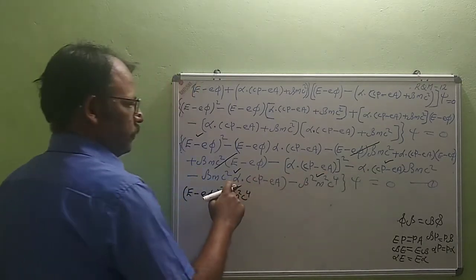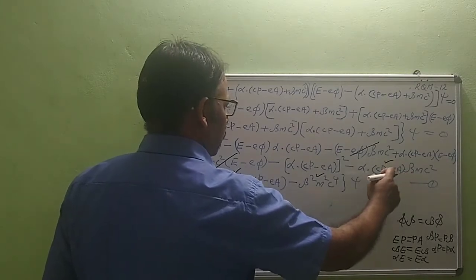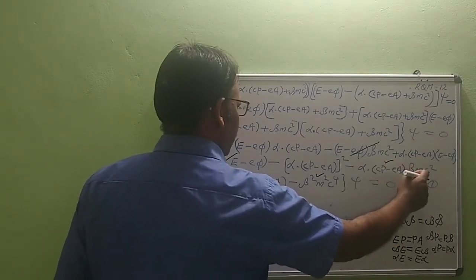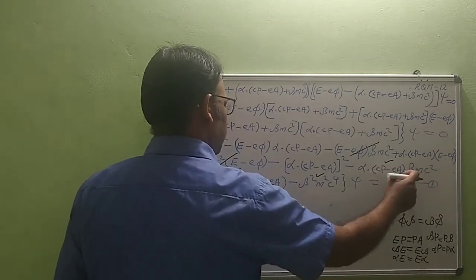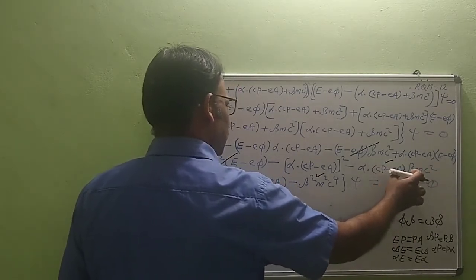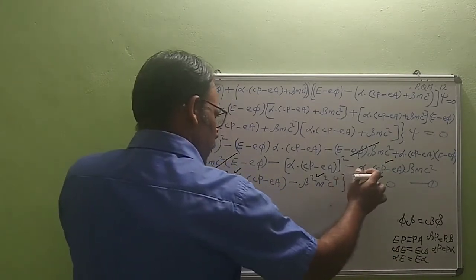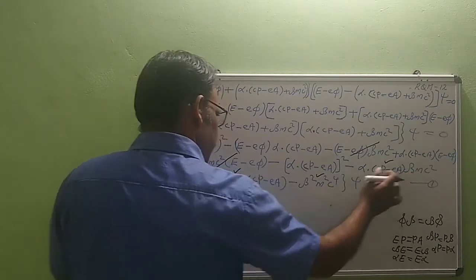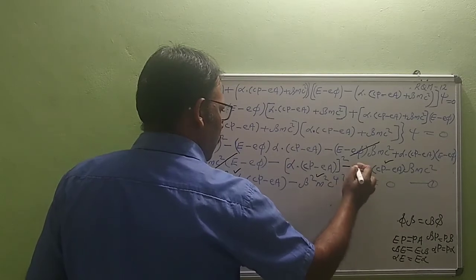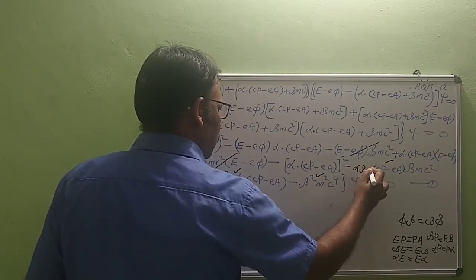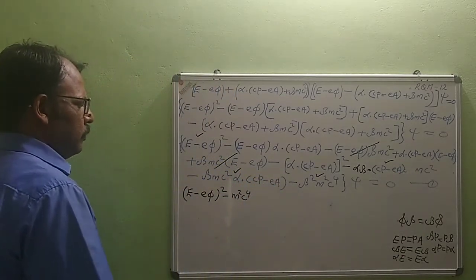Taking these two terms, beta and alpha are anti-commuting operators, and P commutes with beta, A commutes with beta. So we can change the order of operation of these two. (Cp minus Ea) into beta is the same as beta into (Cp minus Ea). So this will be alpha dot beta into (Cp minus Ea), or we can write it as minus of alpha beta dot (Cp minus Ea) into m c square.